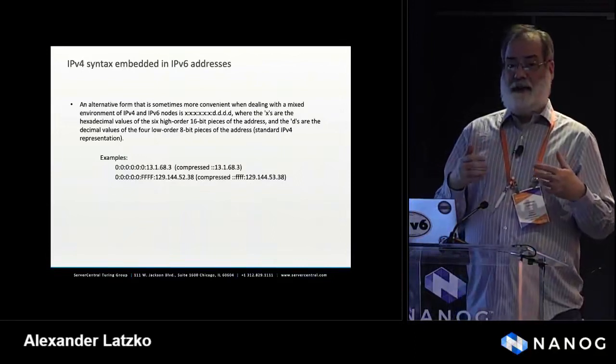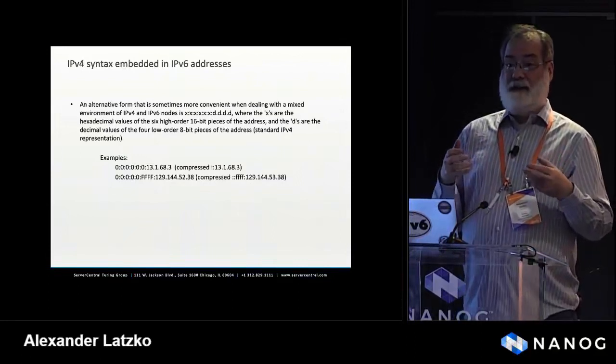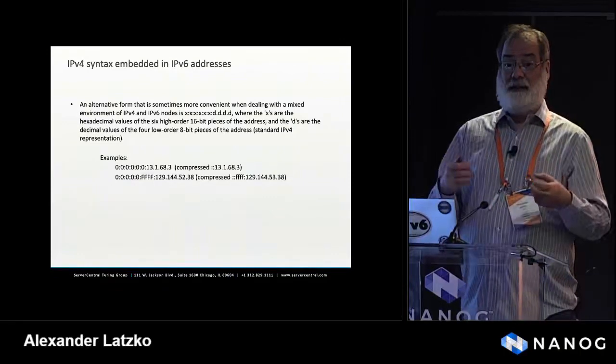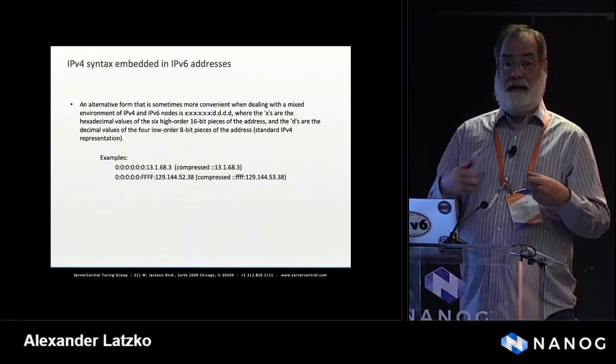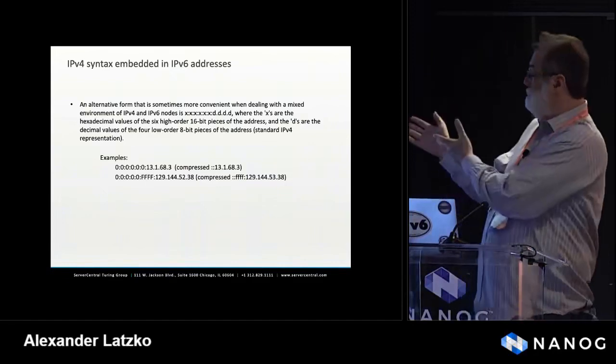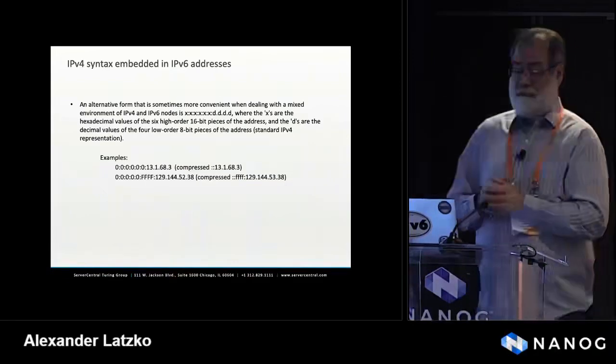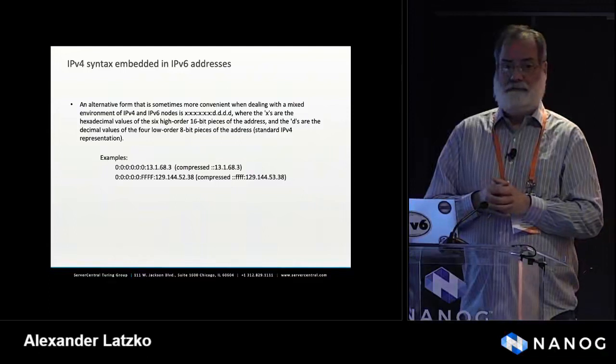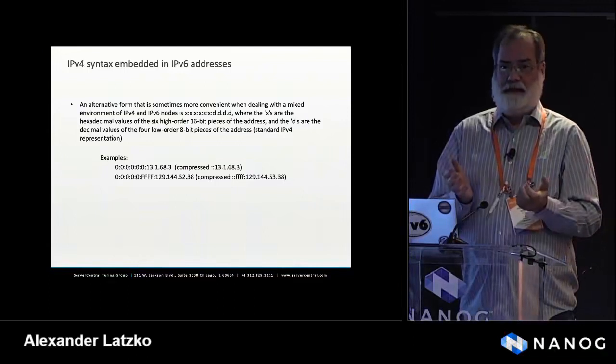Sometimes, as a migration aid, you may want to embed an IPv4 address inside an IPv6 address. It's defined in RFC. You can do it. I give you IPv4, IPv6, same thing.